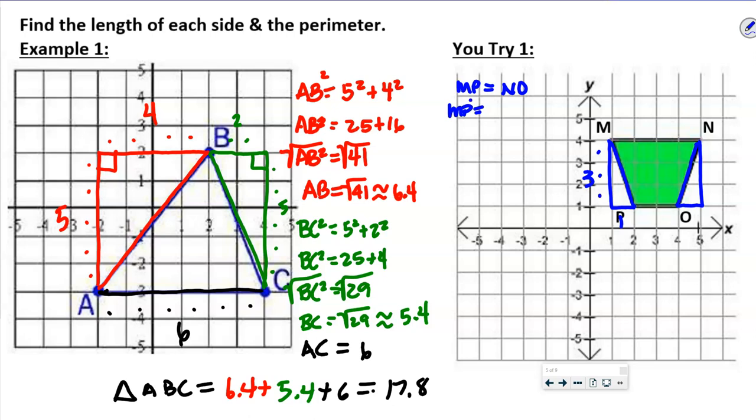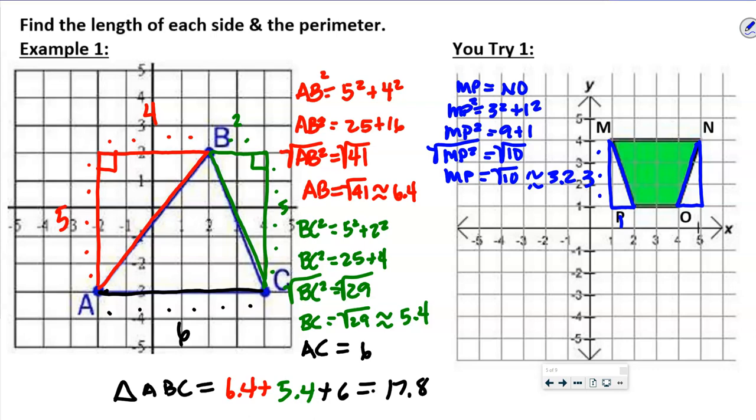MP squared is 3 squared plus 1 squared. So MP squared is equal to 9 plus 1, which is 10. So once again, we have to take the square root to get MP. MP is equal to the square root of 10, which is approximately 3.2.